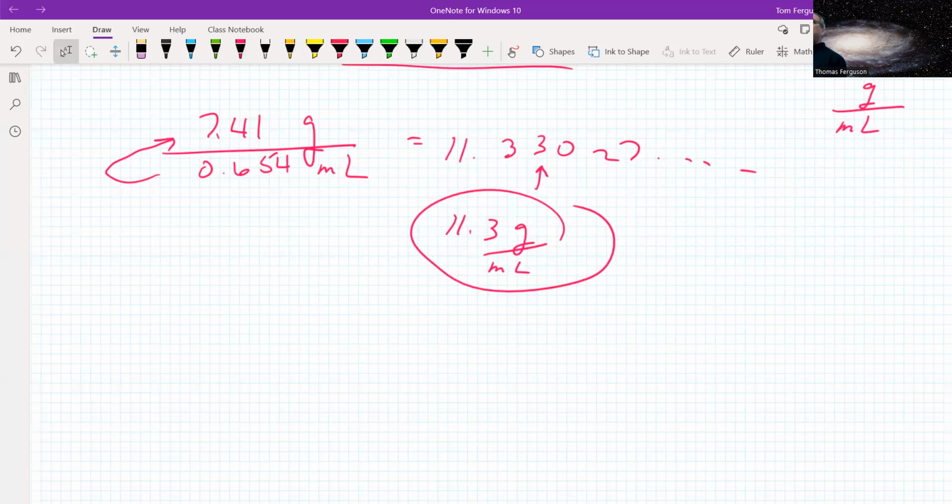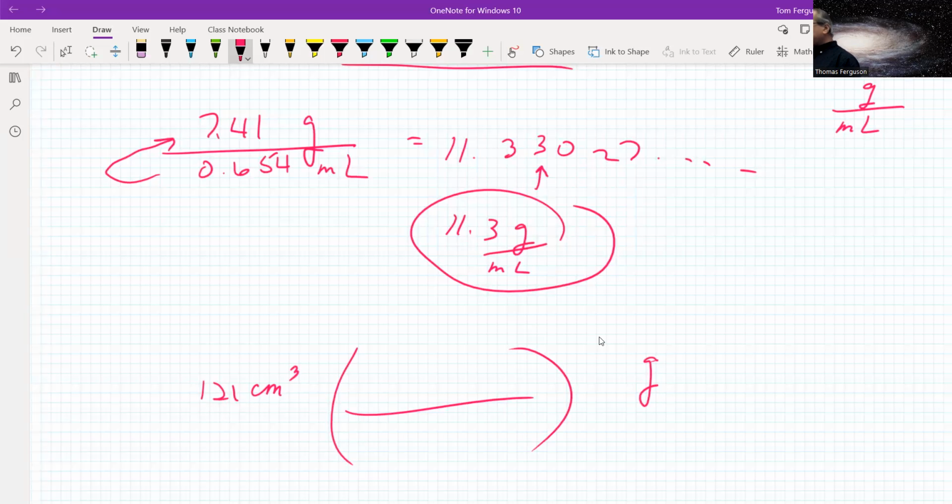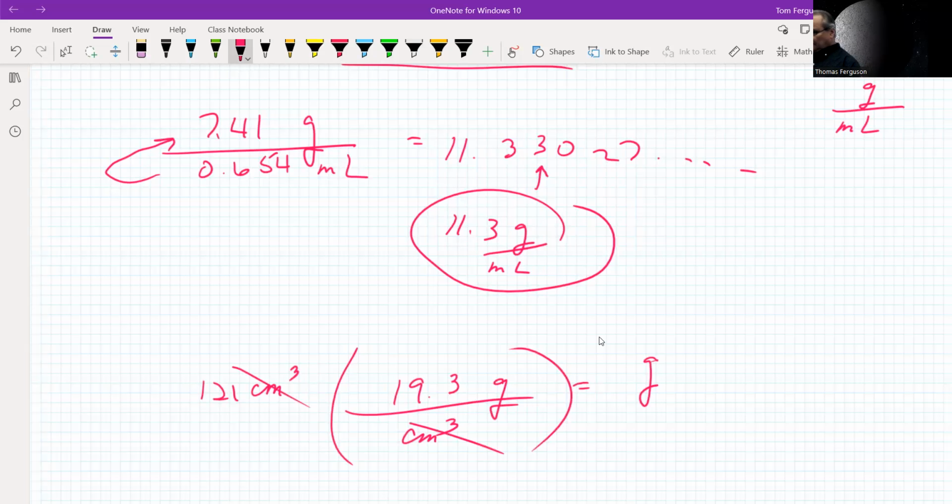Okay, so we want to calculate grams, and we're given 121 to start with. So our conversion factor is going to be grams over milliliters or centimeters cubed. Cubic centimeters cancel. And it's a simple multiplication.